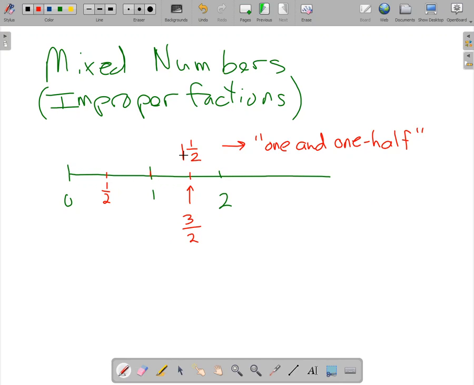When you read a mixed number, does anybody ever omit the word and? If somebody wrote that down, we wouldn't say 3 1/4. We would say 3 and 1/4, right? That's super important because that and is actually literal.